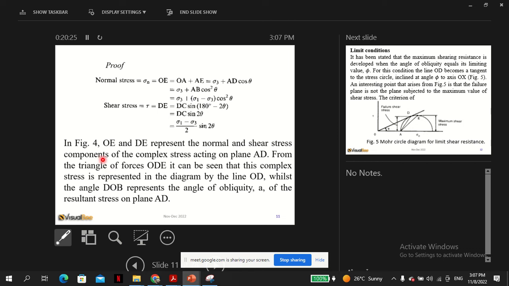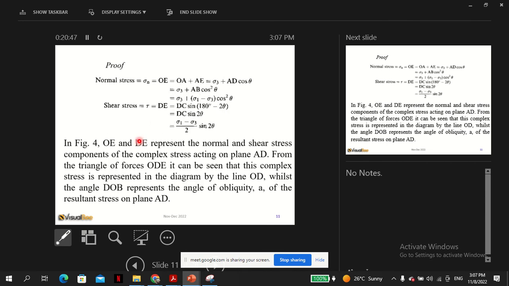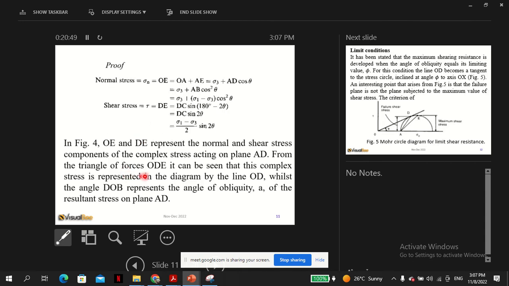So OE and DE represent the components of the complex stress acting on plane AD. From the triangle of forces ODE, it can be seen that this complex stress is represented in the diagram by line OD.